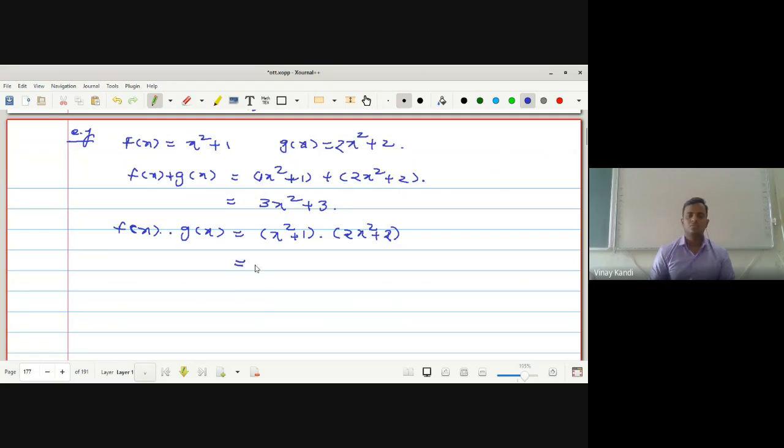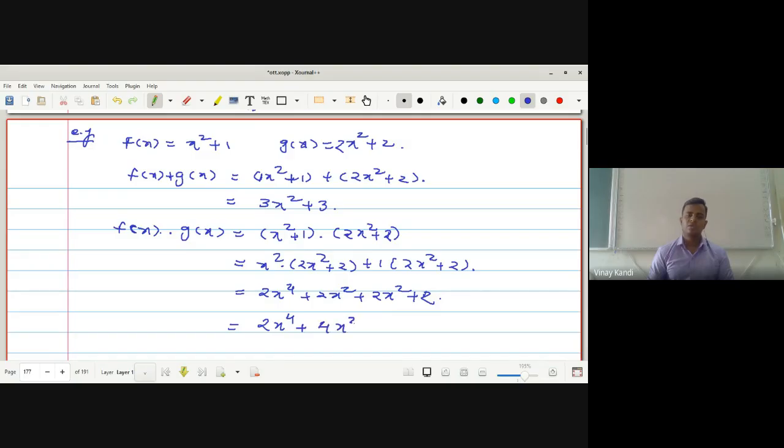This is equal to x square into 2x square plus 2, plus 1 into 2x square plus 2. So this is equal to 2x raised to 4 plus 2x square plus 2x square plus 2, which is equal to 2x raised to 4 plus 4x square plus 2. So this is the usual multiplication of two polynomials.